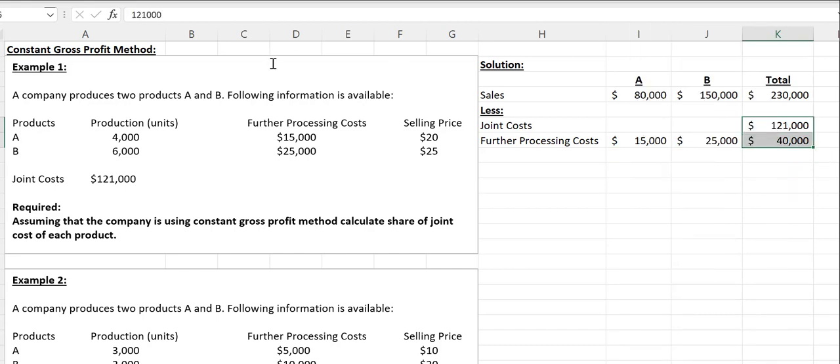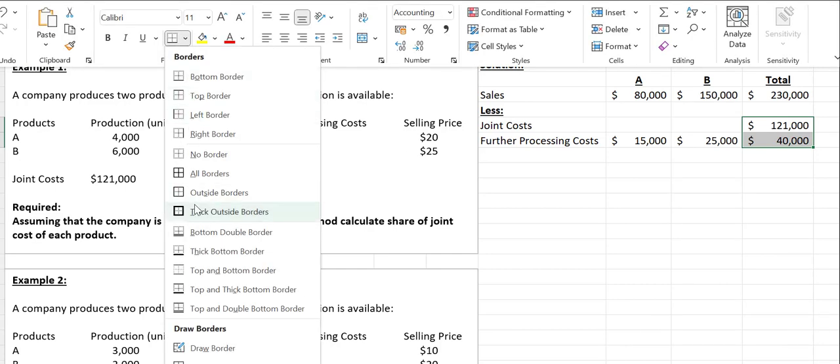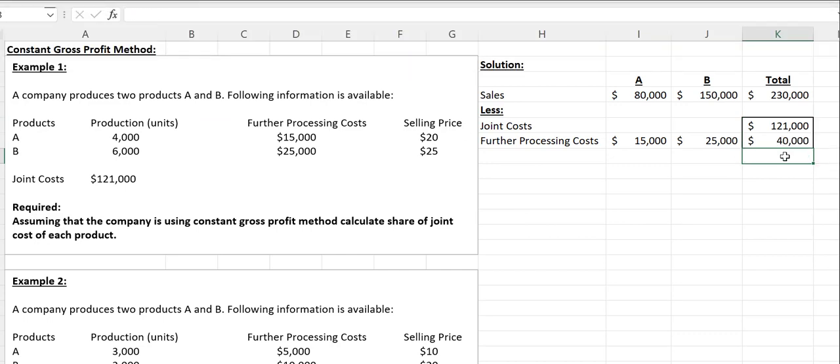So then we will just add these two costs in total, to find out the total cost of the company, which is 161,000, and from the total sales revenue, we'll subtract this total production cost to find out the gross profit. That's the total cost, and that's the gross profit.